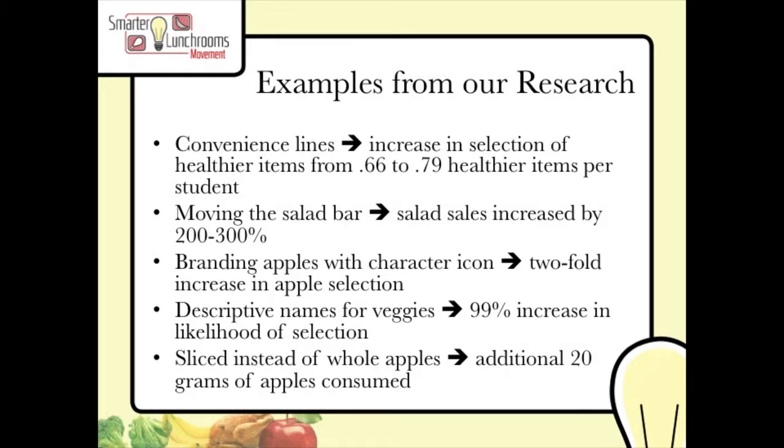We also found that associating a particular fruit, apples in this case, with a character can increase the amount of apples that students take by about twofold. We also found that cutting apples, something as simple as slicing apples, results in a 20-gram increase in the amount of apples students are taking. Let me restate that. Providing students with sliced apples increases the amount they consume by about 20 grams. These are just a few examples of statistics that we generate from the data that we collect.